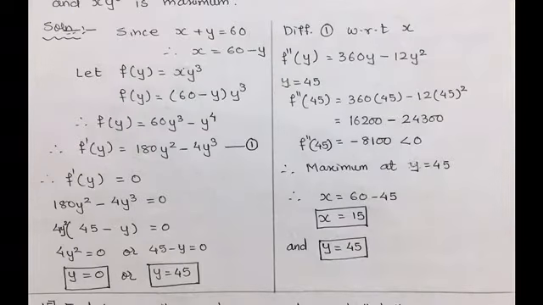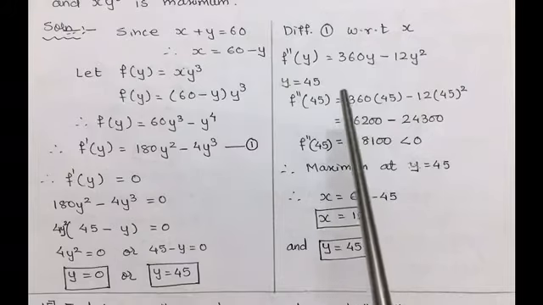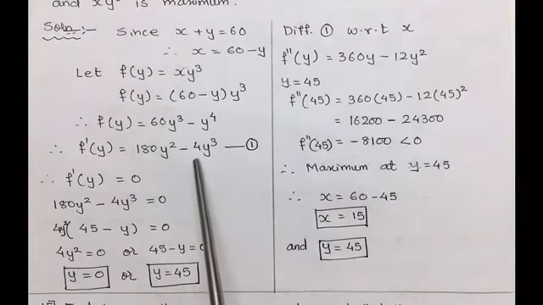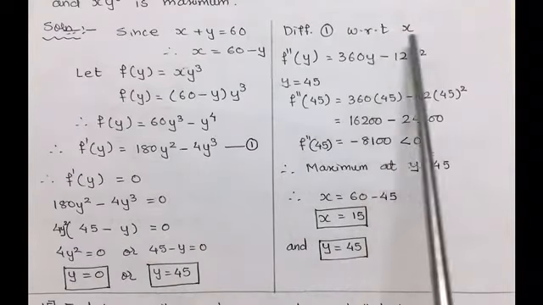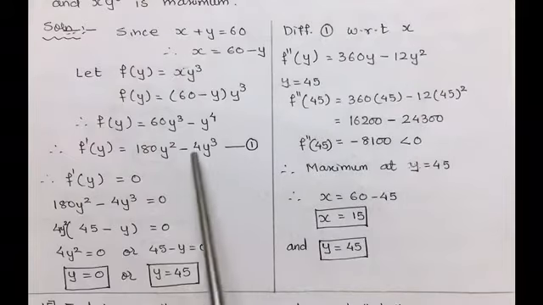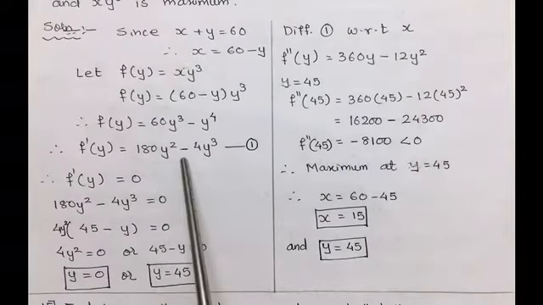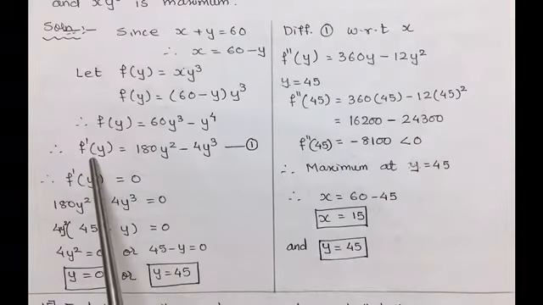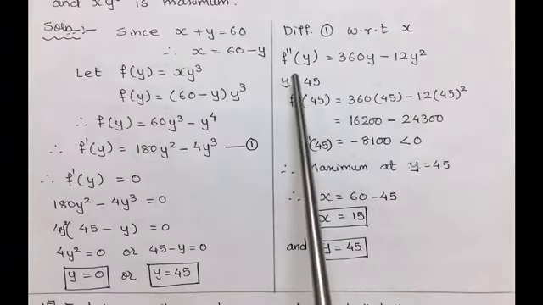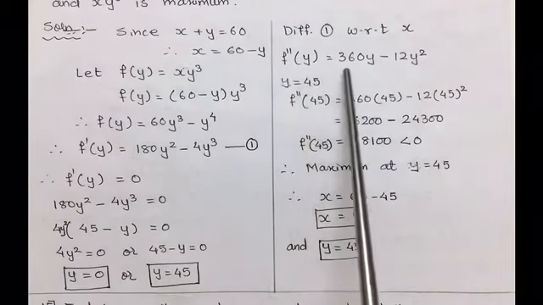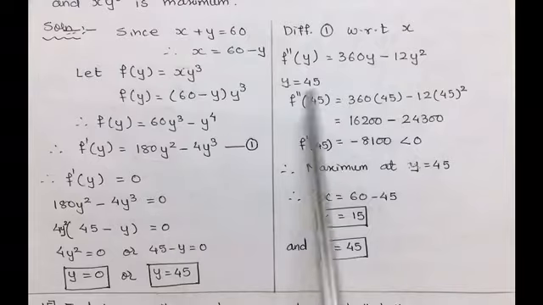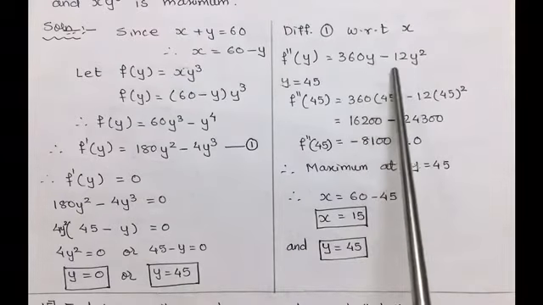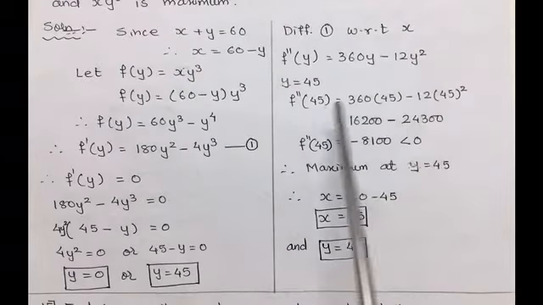Now to check whether it gives the maximum value or not, we'll differentiate statement number 1 again. So differentiating 1, the second derivative becomes f double dash y is equal to 360y minus 12y square.